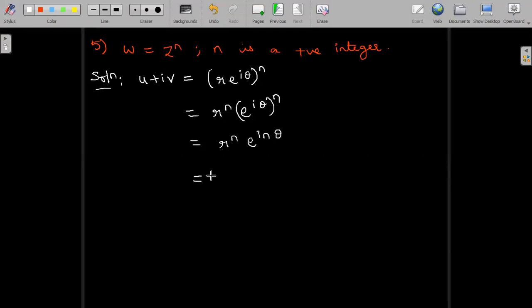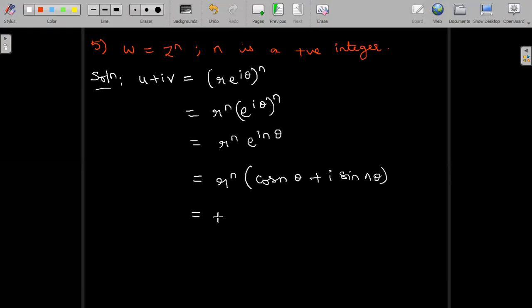Now we can expand e power i n theta in terms of cos and sine. We know e power i theta is cos theta plus i sine theta. Similarly, e power i n theta can be written as cos n theta plus i into sine n theta.